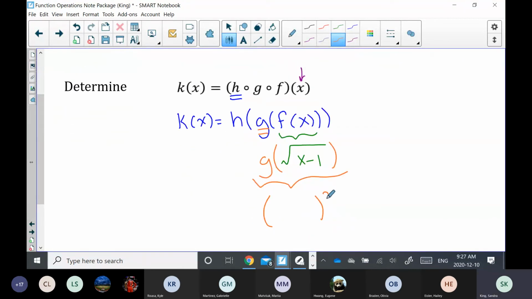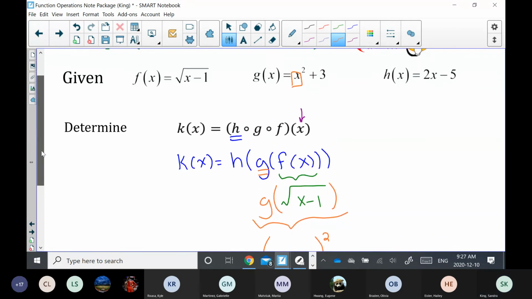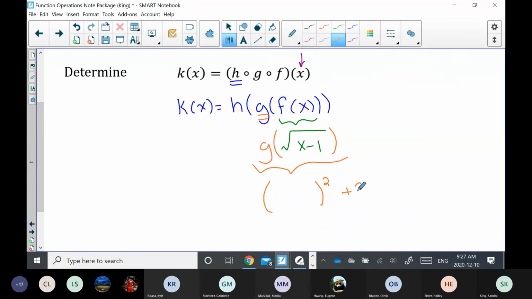That x goes out, and I'm going to input square root of x minus 1. That goes in a bracket. Remember, you always substitute in a bracket, and there's a square on the outside of the bracket plus 3. This is now my g function.